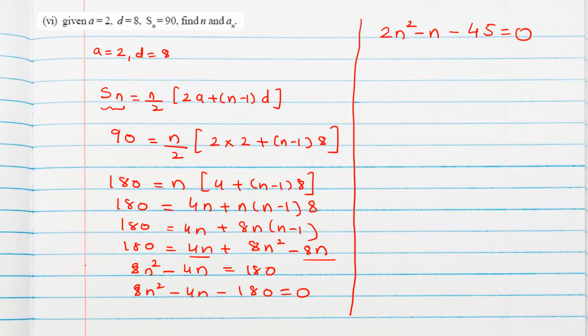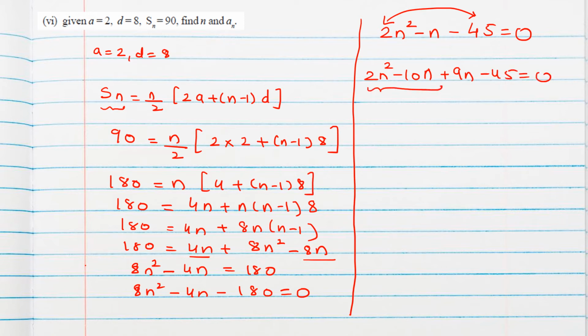So we should get the factors here. So 2 into 45 is 90. We should factorize 90 such that the addition is minus 1. So we can write 10 into 9 is also 90. So minus 10n plus 9n we can write.